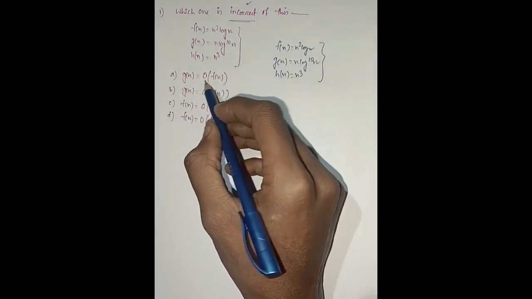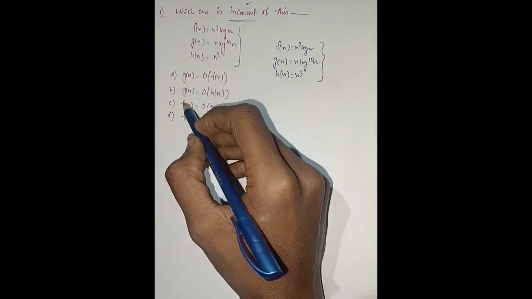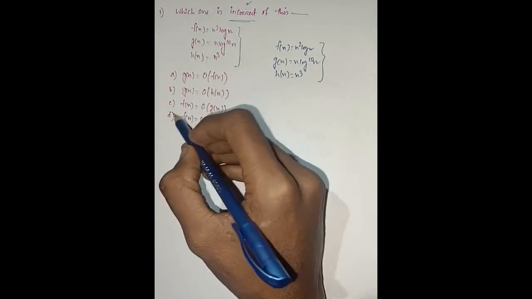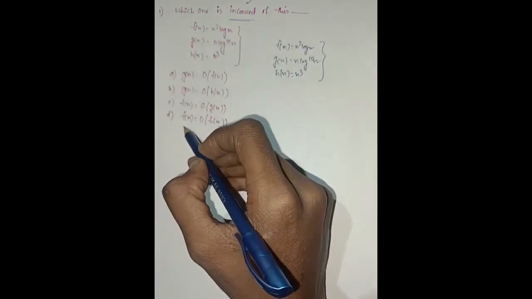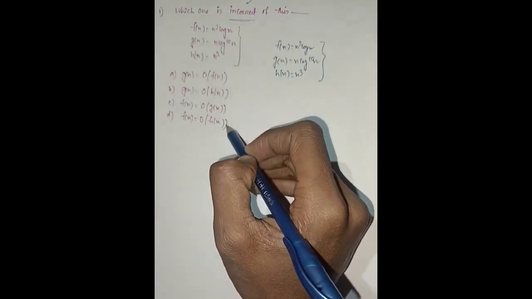We have four options. Option A is g of n is equal to big O of f of n, option B is g of n is equal to big O of h of n, option C is f of n is equal to big O of g of n, and option D is f of n is equal to big O of h of n.